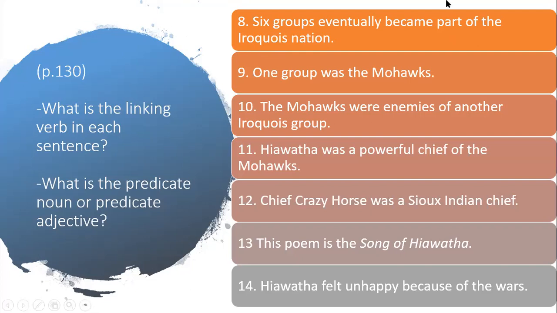It's a difficult one, right? We identify the verb, which is became. We also identify the subject, who or what this is talking about. We're talking about groups, so we circle groups.